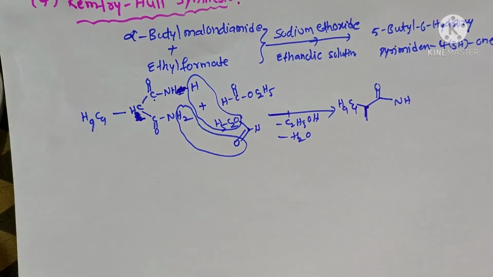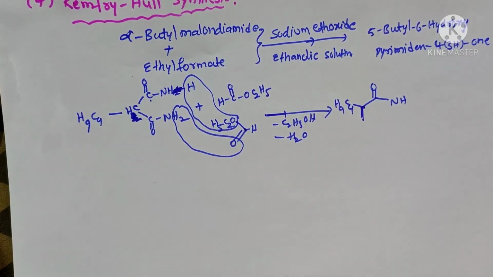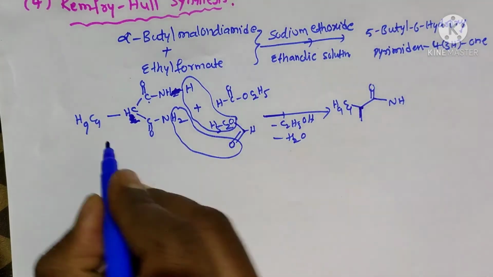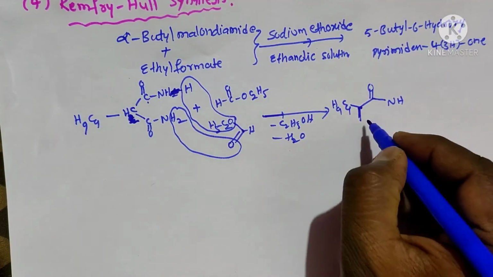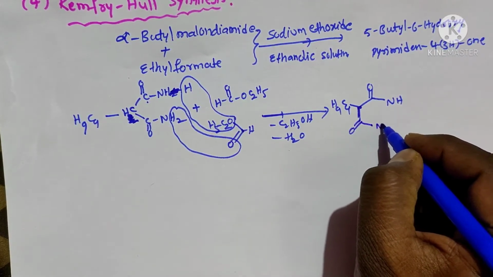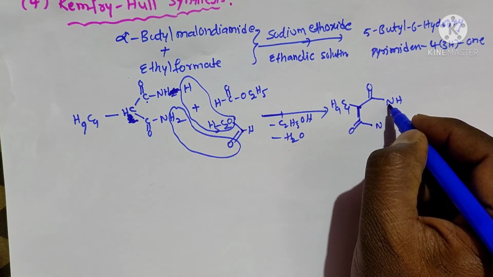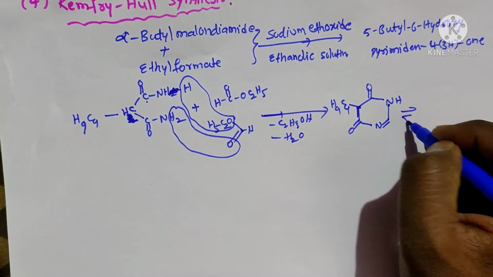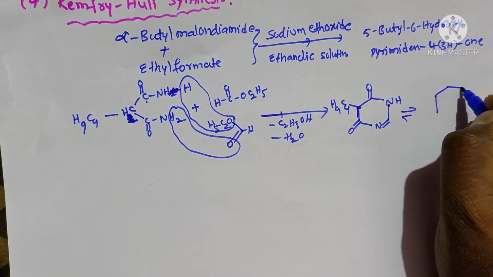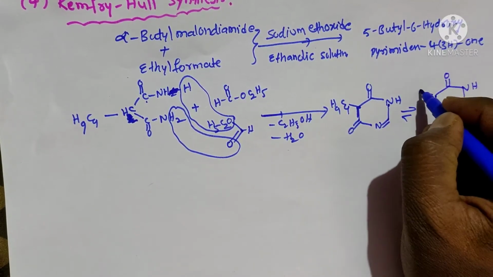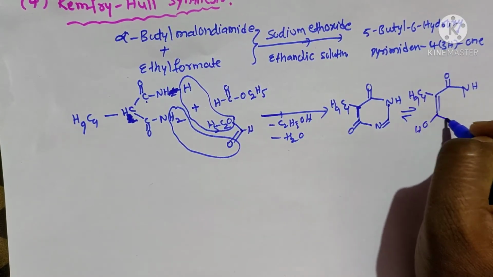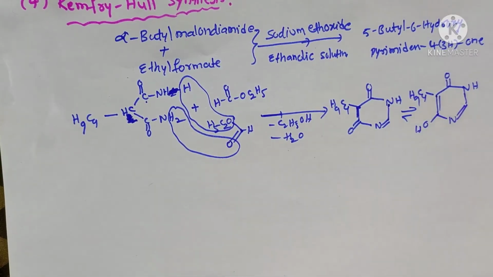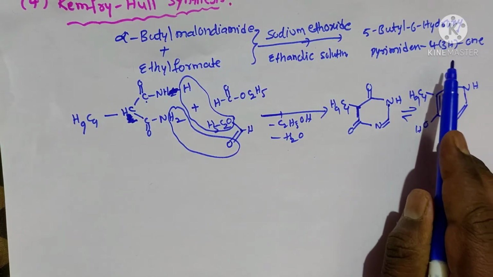Okay, and look at this keto-enol tautomerism, and we get this is 5-butyl 6-hydroxypyrimidine 4,3H1.